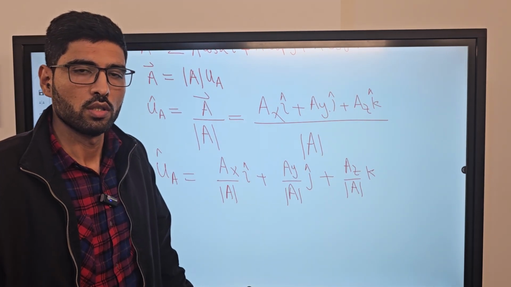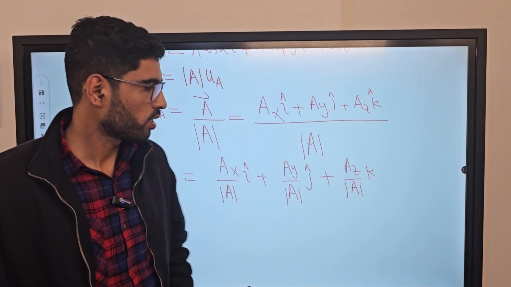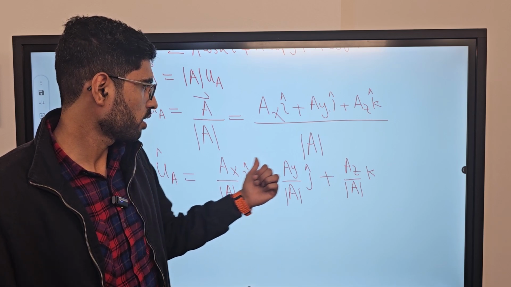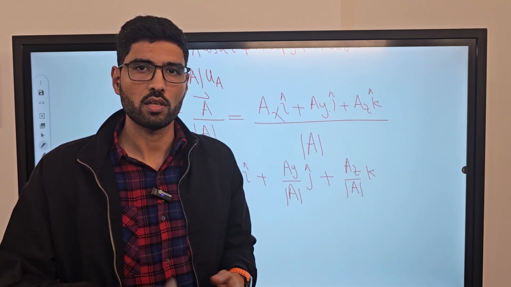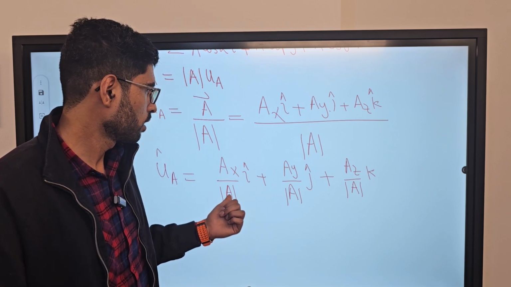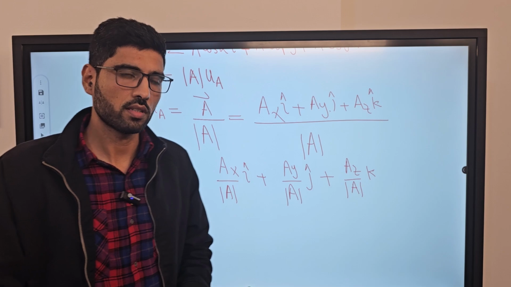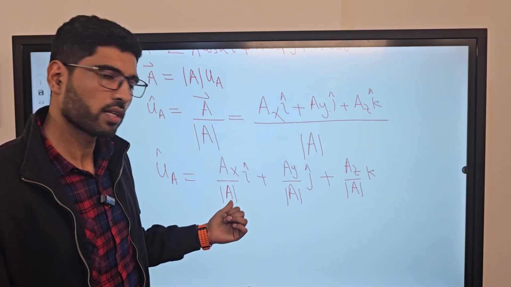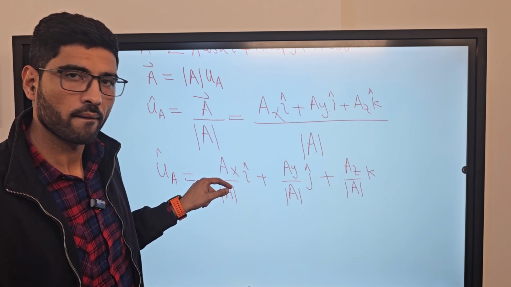Now different scenarios come up in engineering statics. Sometimes we are given the ax, ay and az magnitudes. If we are given those, we can always find the magnitude of a by taking the square root of the sum of ax square plus ay square plus az square, and then we can find this ratio.